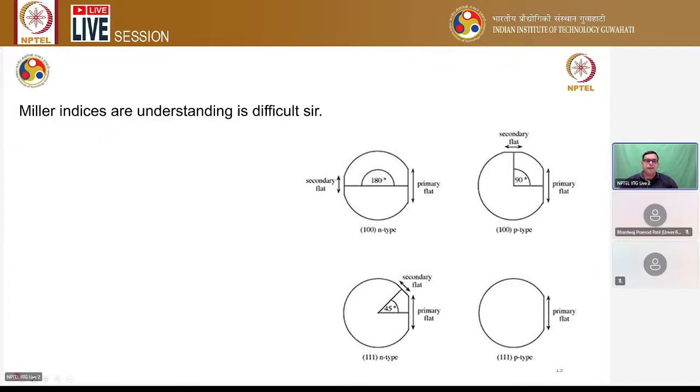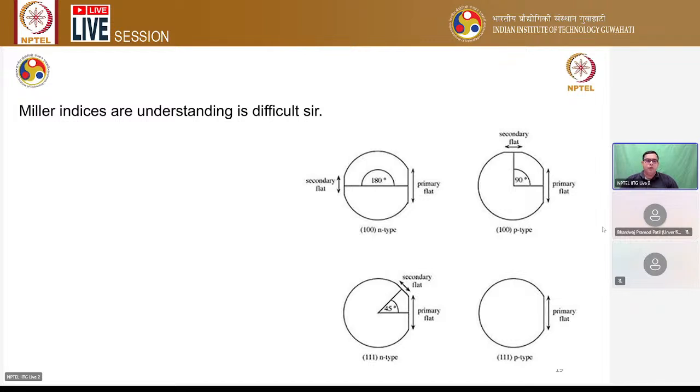So let us talk about another question, which is based on Miller indices. The question exactly is that Miller indices are difficult for students to understand. So it's not the truth. Miller indices are not that difficult, and I hope that the concept of Miller indices arose when we talked about different kinds of wafers, like 100, 110, 111, and these all are different planes.